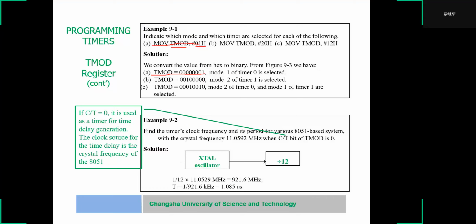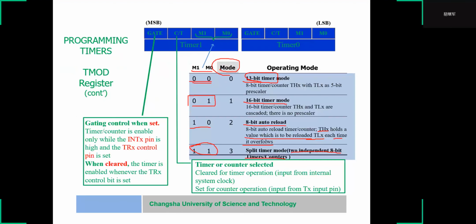If we give the value 01H, which means 0000 0001, from here we can see M1 and M0 for timer 0 is 01.